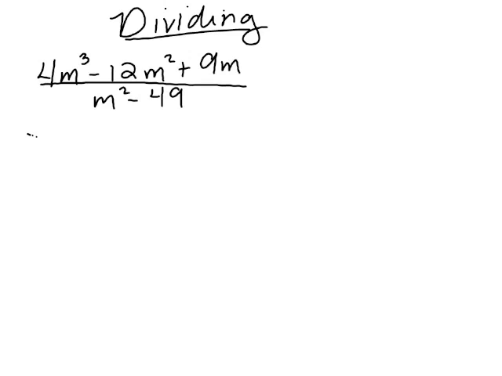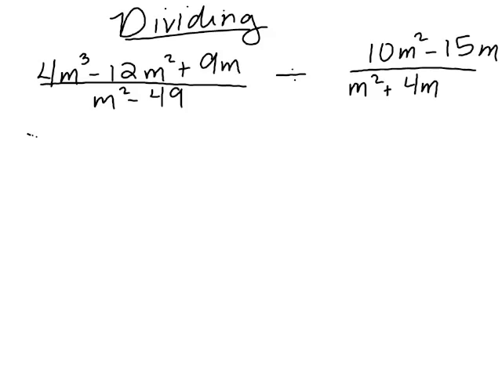Okay, there's our first term. And then that is going to be divided by, there's our second term, 10m squared minus 15m, and then m squared plus 4m minus 21. So there's all our terms.